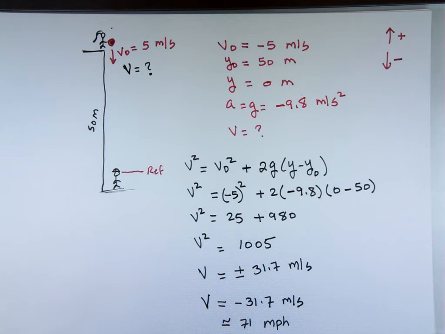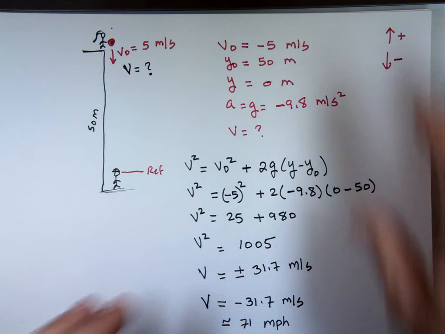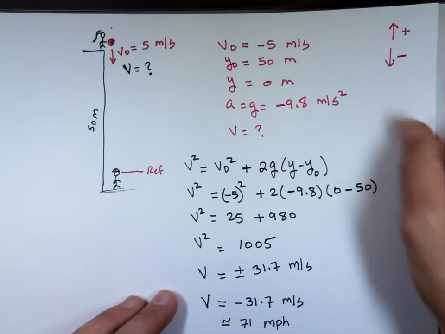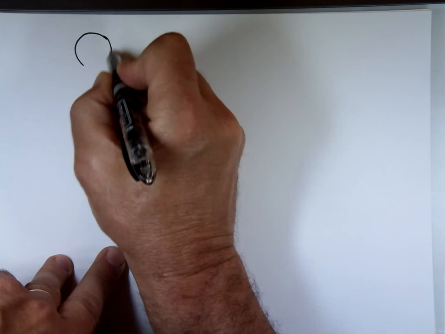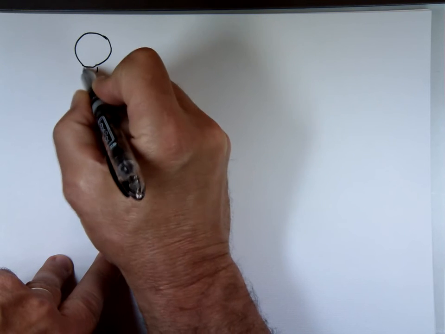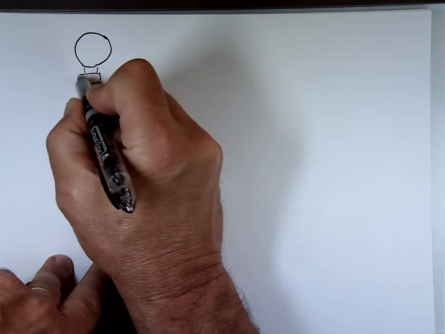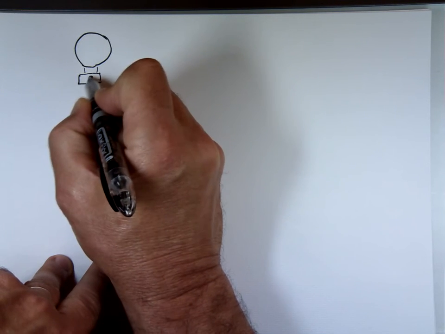The only time it could be tricky is if I do this kind of problem. You're in a hot air balloon. That's a hot air balloon, and you are here. And the hot air balloon happens to be rising.